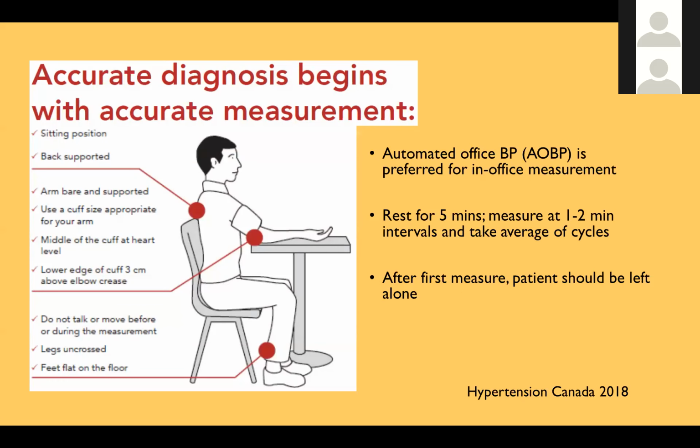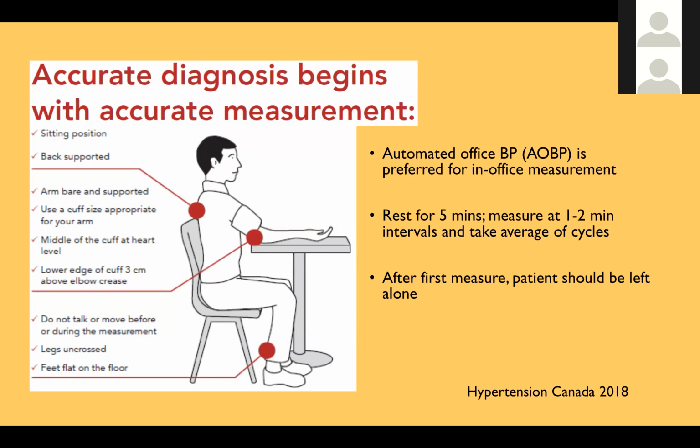This is just a quick reminder that the Hypertension Canada as well as American guidelines all explicitly describe how blood pressure should be managed, because so many decisions are being made on these readings. As you see in the photo, we always like to have the patient in a seated position, back supported, feet flat on the ground, arms supported, resting for 5 minutes prior to the measurements.